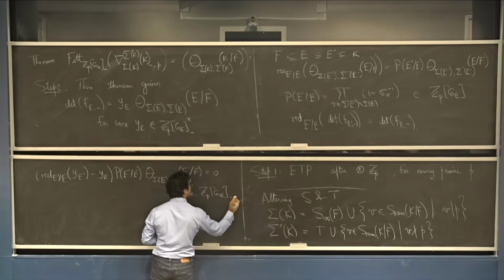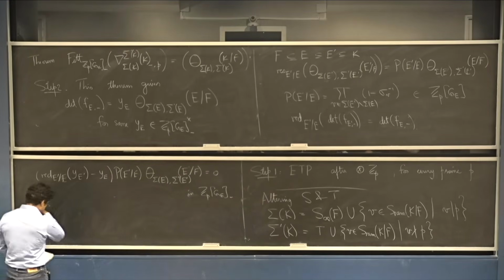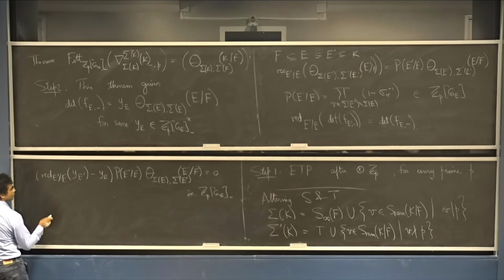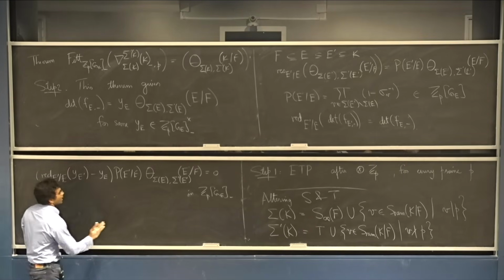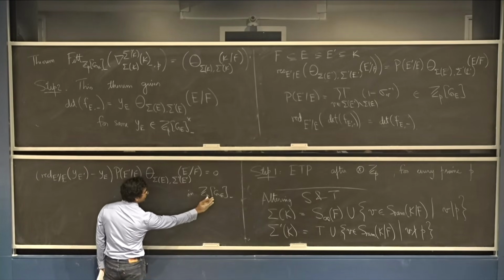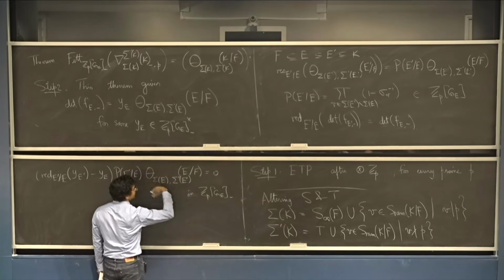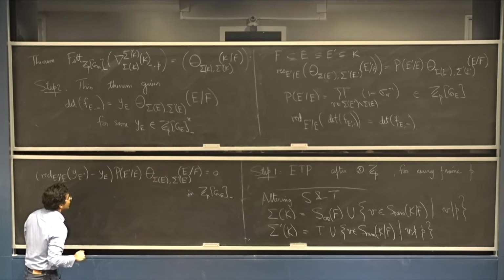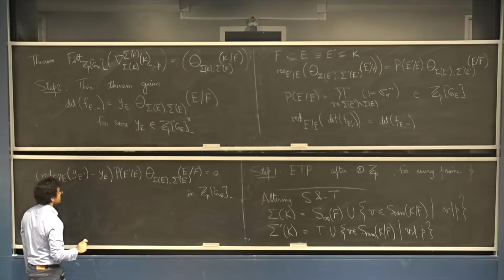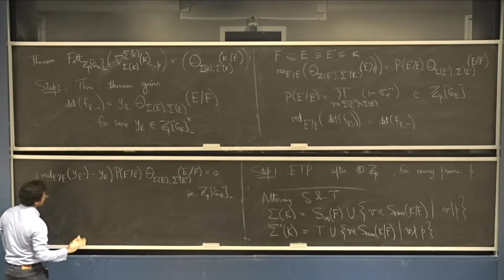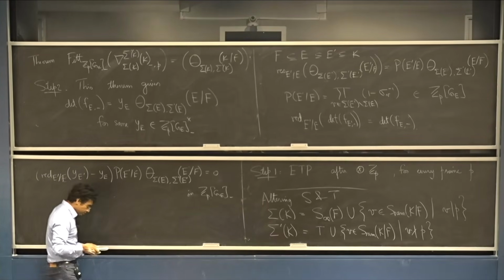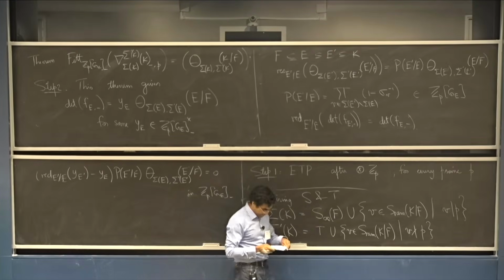Z_p[G_E]^-. So what I have to do is take the projection onto the components of this where this is non-zero divisor, but I'll ignore that. I have to multiply this by a particular idempotent, which one can do, but I'll ignore that subtlety for now.